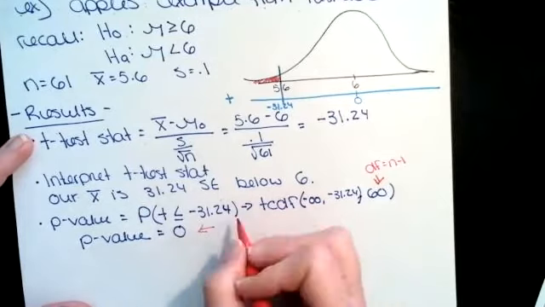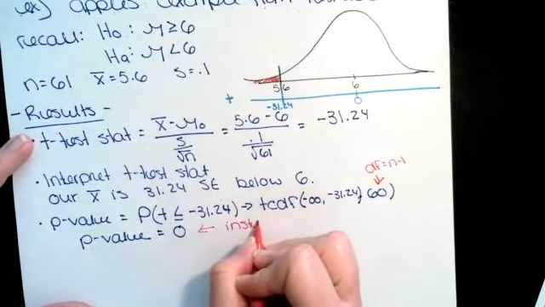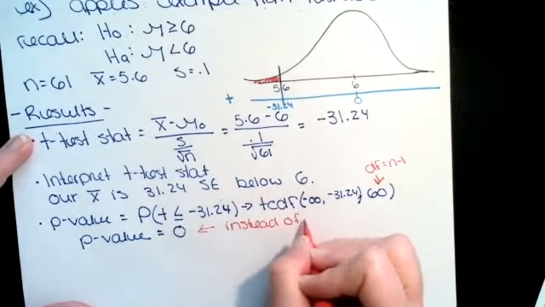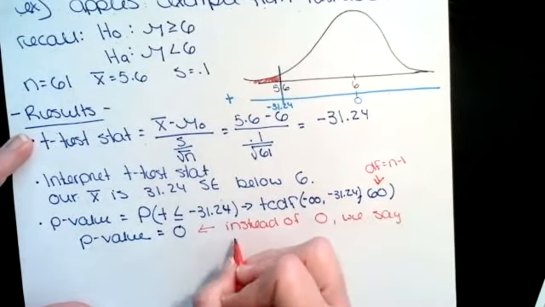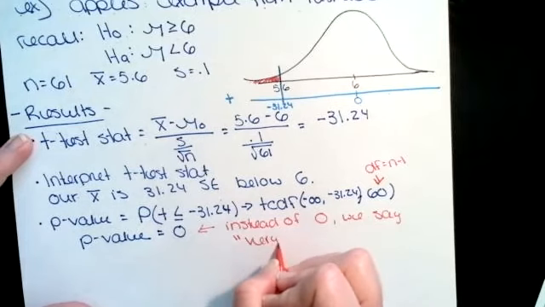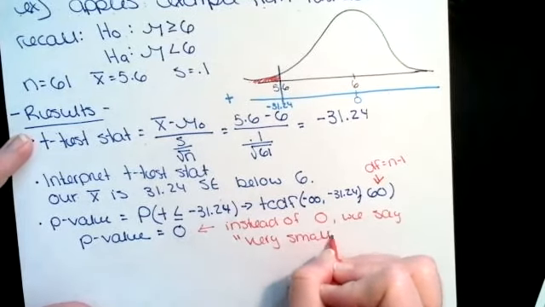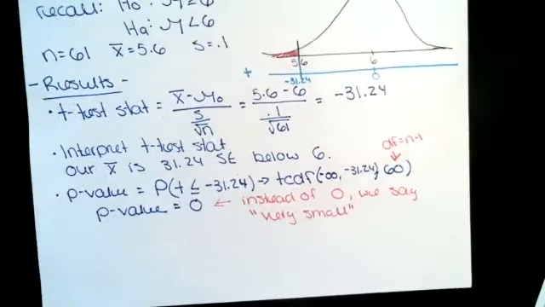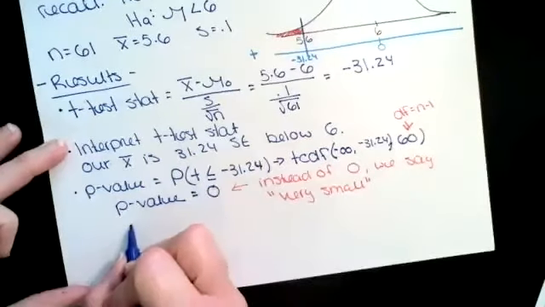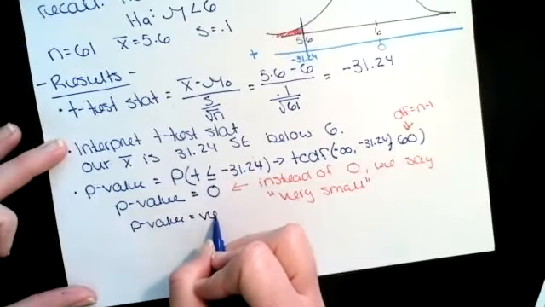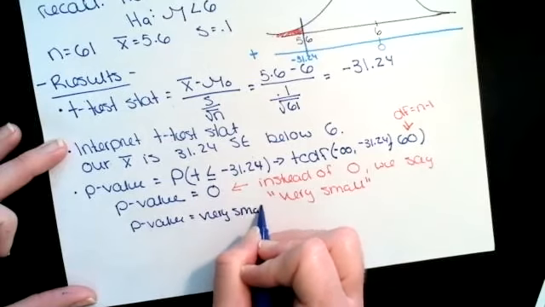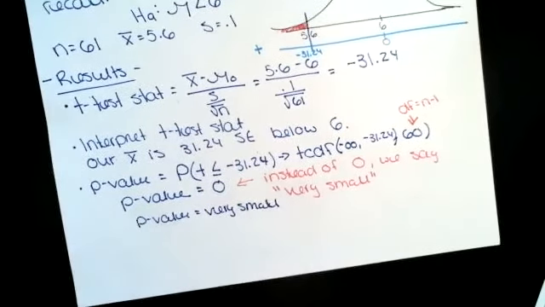So instead of 0, we say very small. We're always going to say very small. So instead of saying 0, I'm going to say my p-value equals very small. I never report it as 0.